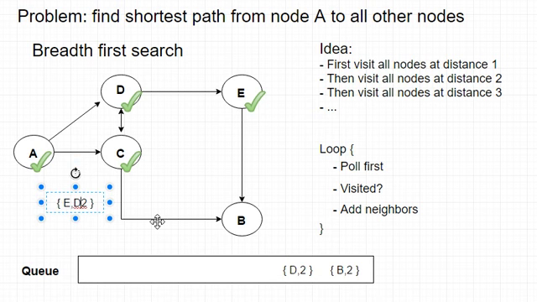So, for example, we could have an object that looks like this. So this would mean that we are now at node E, and we came there from node D, and the total distance that we have traveled has been 2 steps.